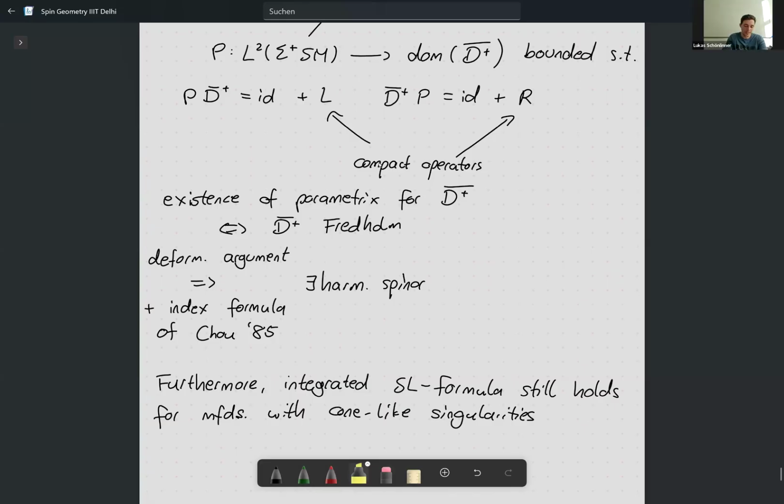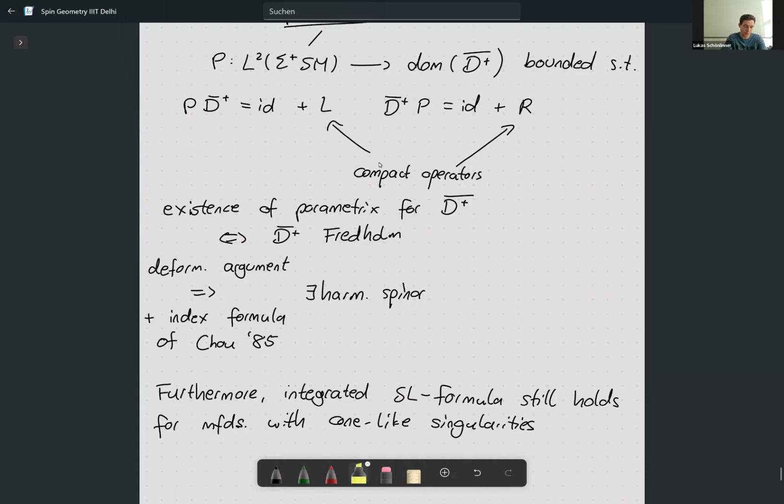I admit that today it was a bit sketchy at most points. I hope that the general idea got clear. Yeah, at least the main theorem was related to the previous talk.